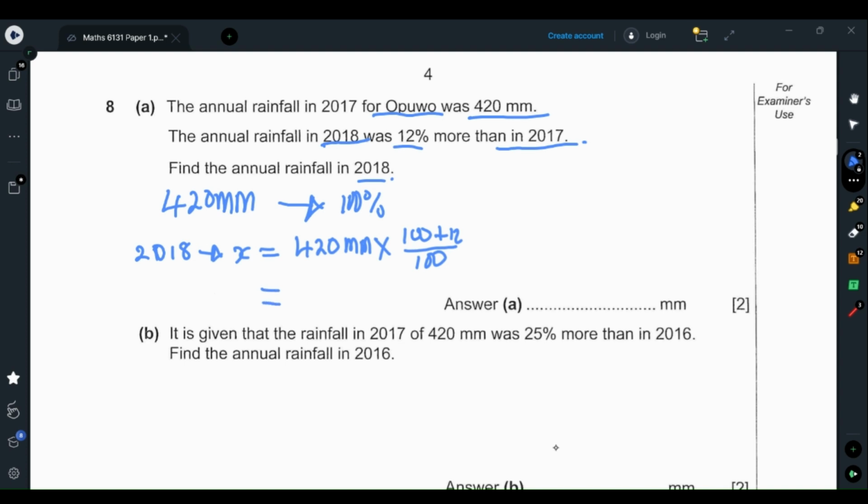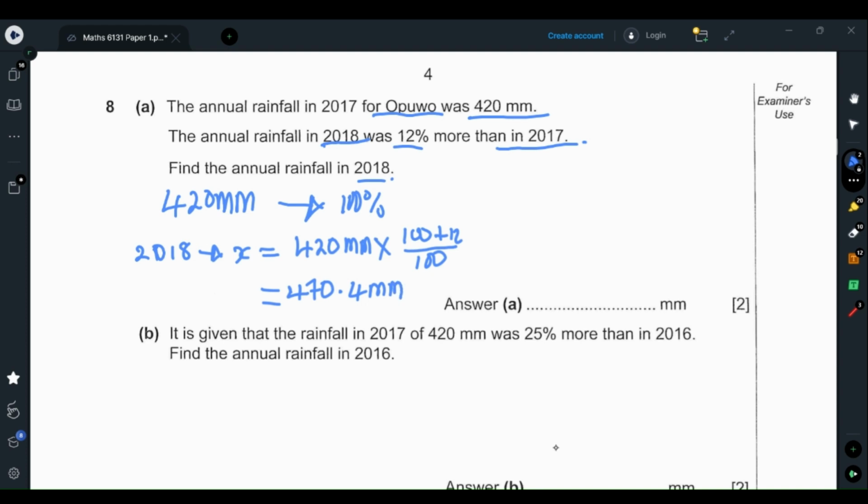Okay, so that should give us 470.4 millimeters.